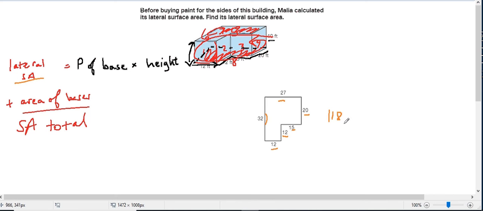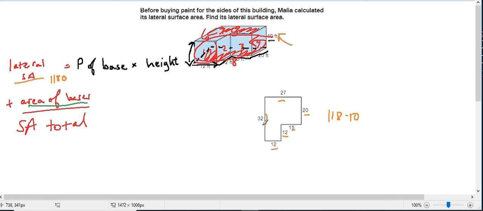Then we multiply that times the height, which was 10. That means the lateral surface area is 1,180, right? I think that was a lot easier than adding up 6 sides all the way around, plus, plus, plus, all that stuff. Then in green, let's figure out the area of the bases.